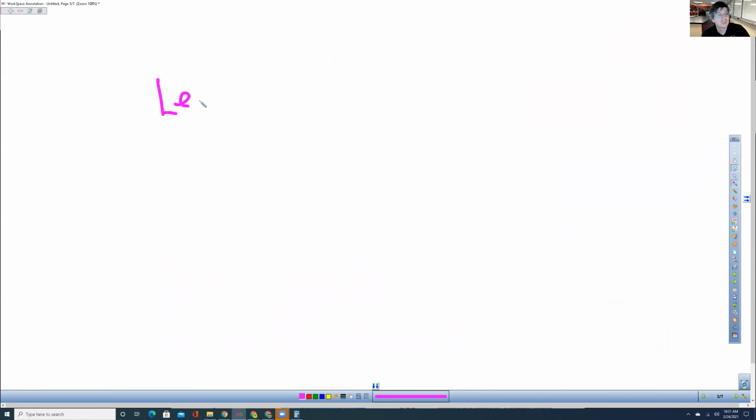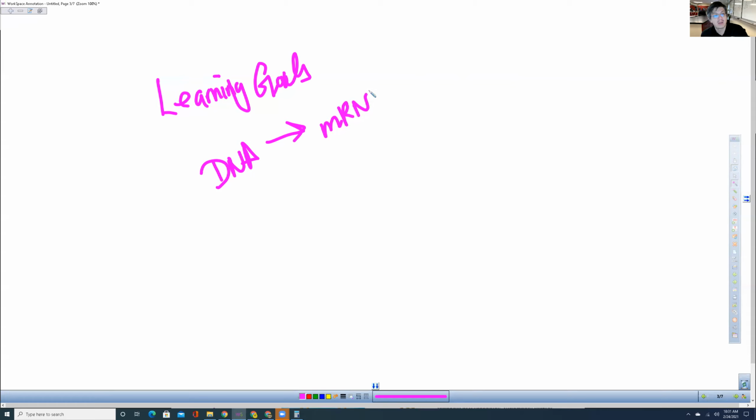So if we're talking about our learning goals, you guys should all be able to do this now. If I give you a piece of DNA, you should be able to give me what the mRNA looks like. If I give you a piece of RNA, like I just did, you should be able to tell me what the protein looks like. And then also you should know the difference between exons and introns.